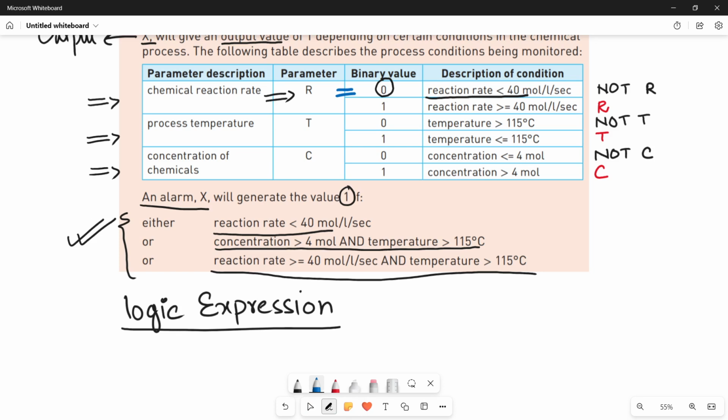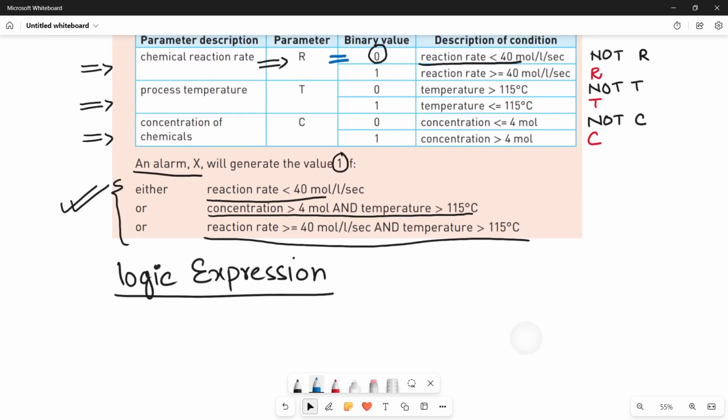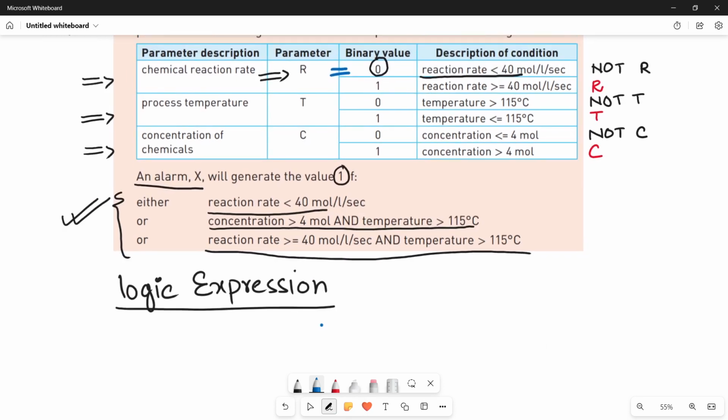And when R is equal to 0, we can simply write the logic expression for the first condition as not R, and then we will put a bracket around it. This is our first condition that needs to be true in order to have our output value X true. So we make it X equals.